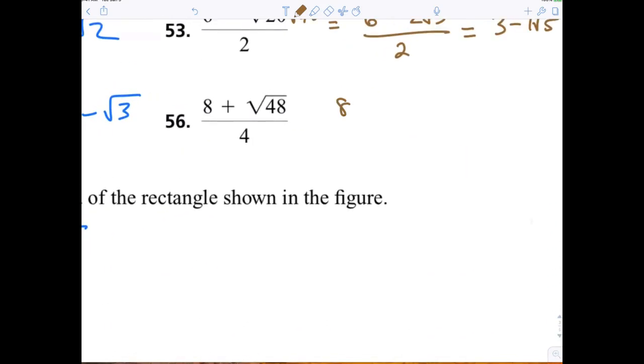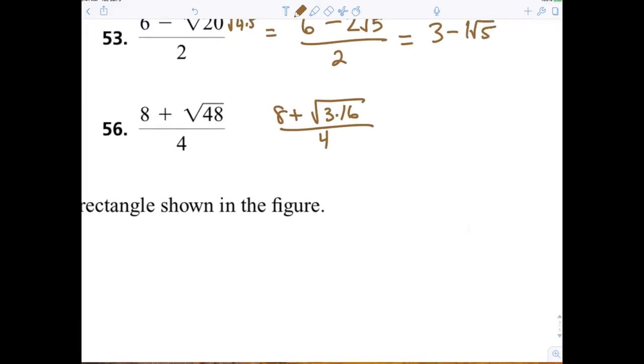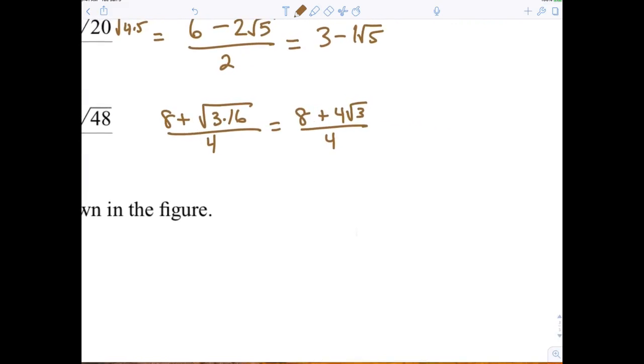So this would be 8 plus 4 radical 3. Perfect. 8 plus 4 radical 3 over 4. Now what can I do? Divide by 4. So my answer is, yep, very nice, 2 plus radical 3.